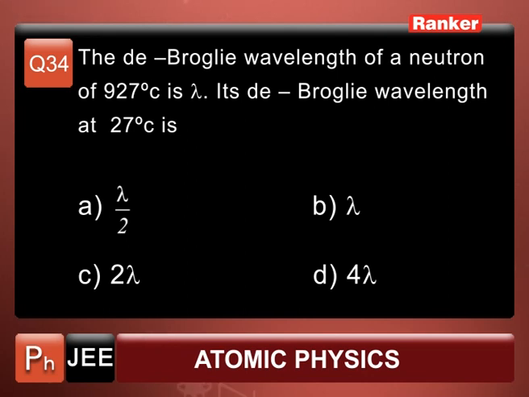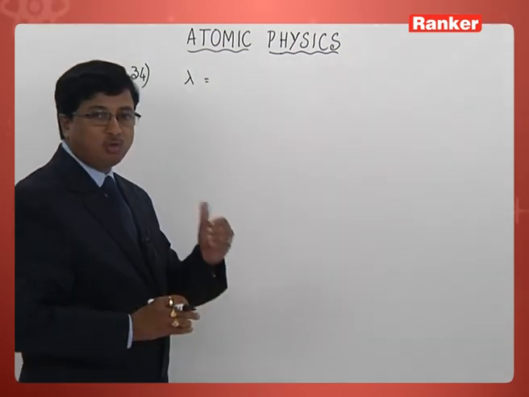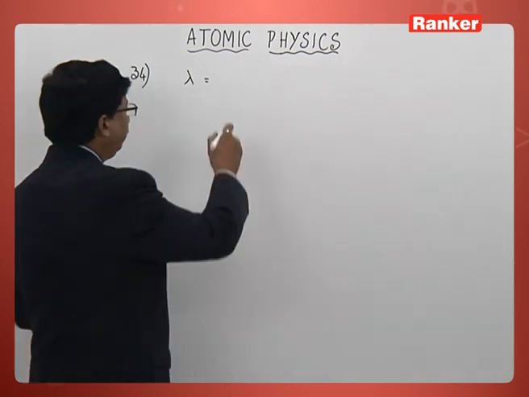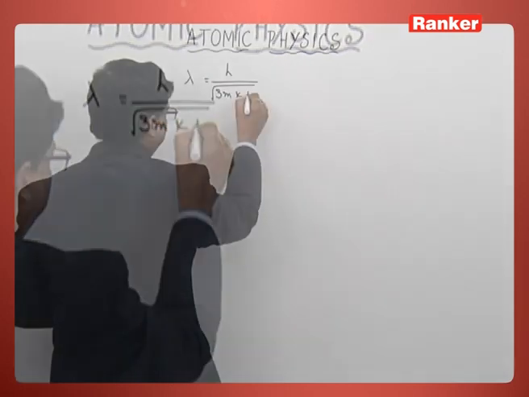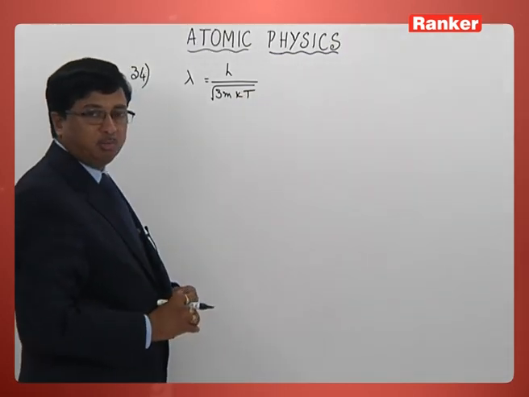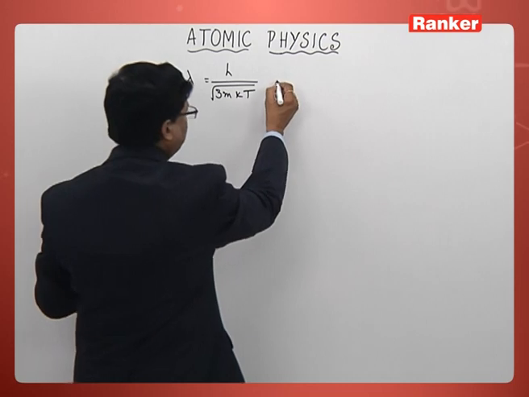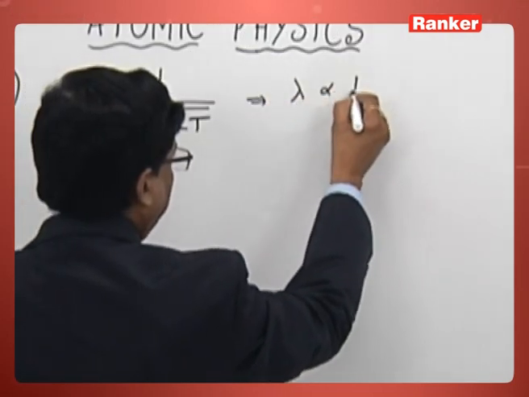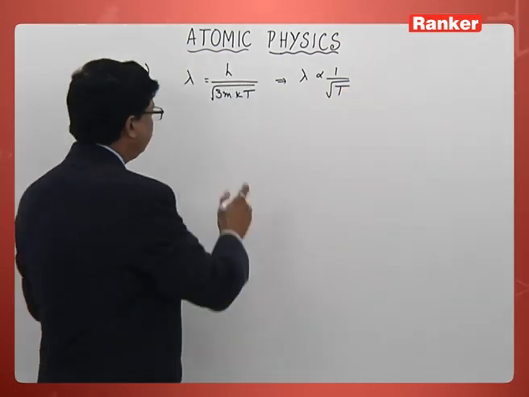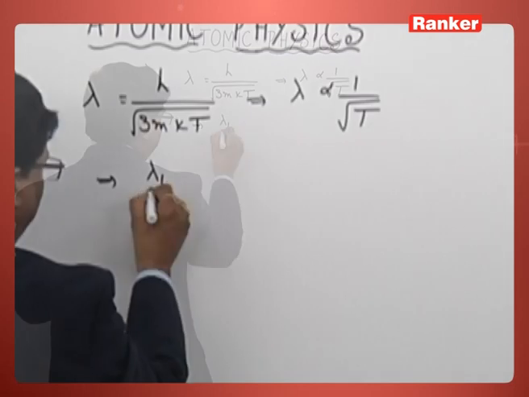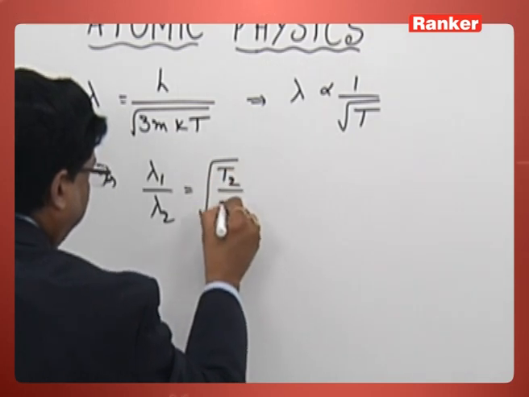Now you all know the de Broglie wavelength for a neutron-like particle is h by under root 3m kT, k being the Boltzmann constant and T being the absolute temperature of that neutron. So what can we write from this? Lambda is inversely proportional to the square root of absolute temperature. So lambda 1 by lambda 2 is equal to under root T2 by T1.